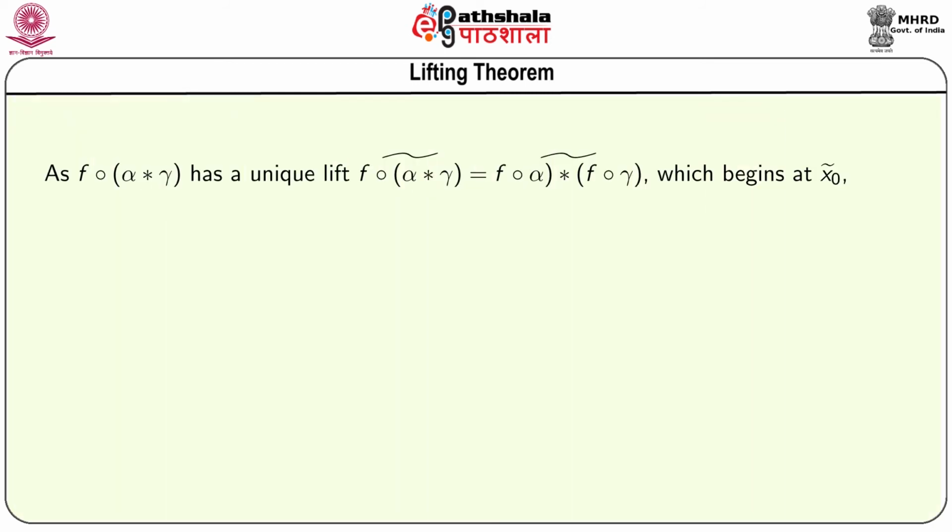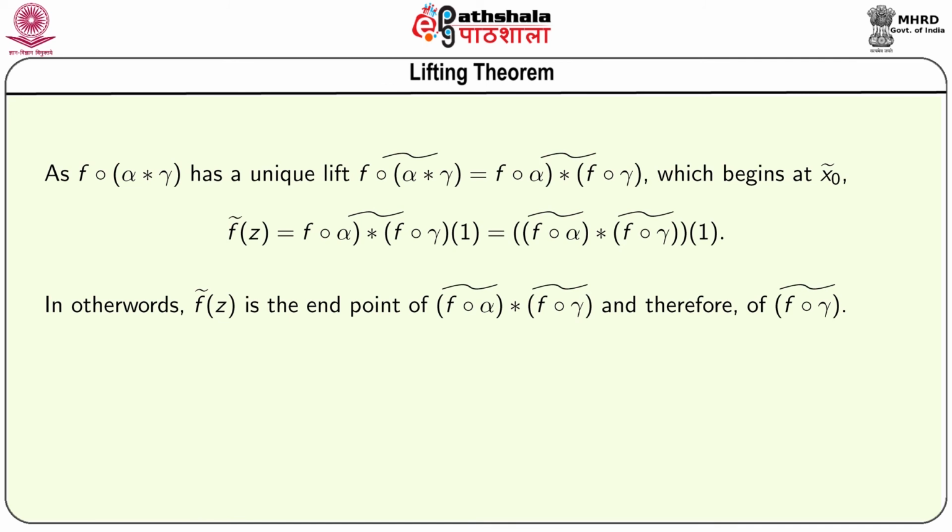As F composed alpha star gamma has a unique lift, which can be expressed as F composed alpha tilde star F composed gamma tilde and which begins at x0 tilde, we have F tilde z as the whole thing evaluated at 1.